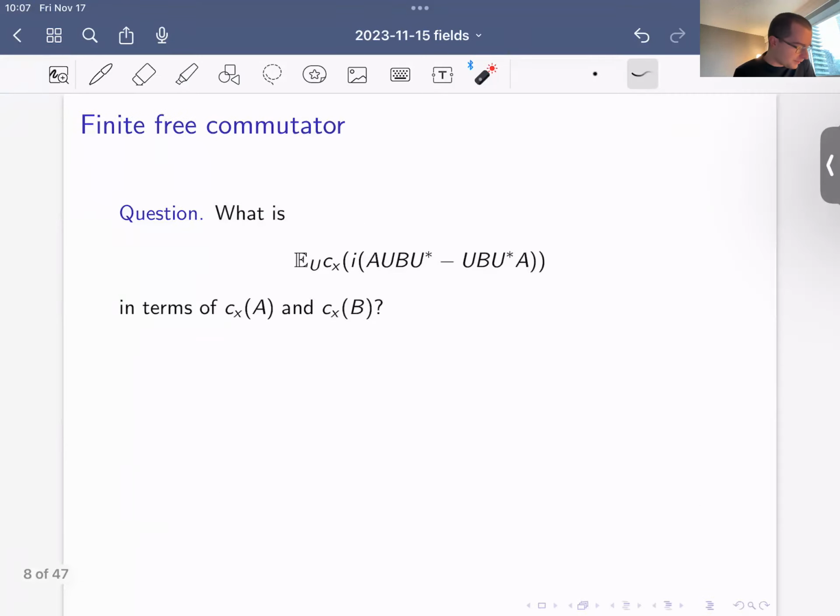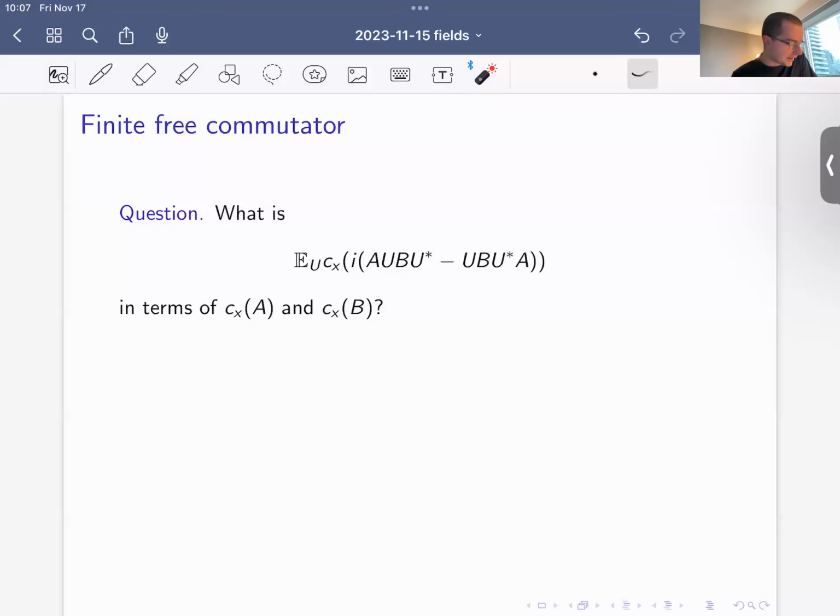So for example, if you take the commutator of A and UBU*, then how do you describe the expected characteristic polynomial in terms of the individual characteristic polynomials?